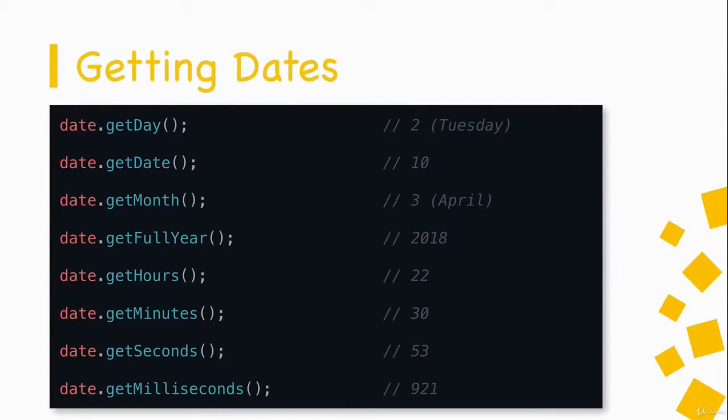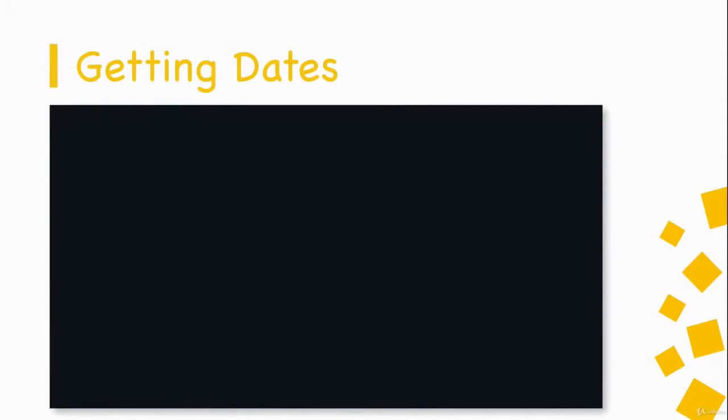In this case, we can see that the milliseconds for this specific date object is 921. Now we just saw 8 different methods for 8 different portions of the date object, starting with day, and then date, month, year, hours, minutes, seconds, and milliseconds.